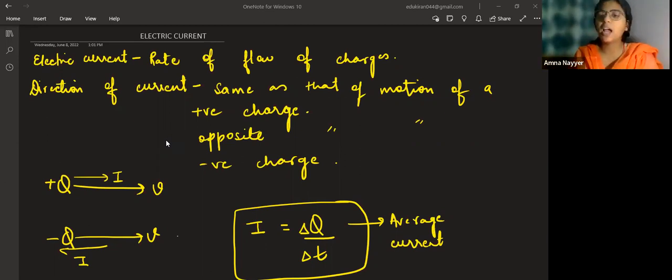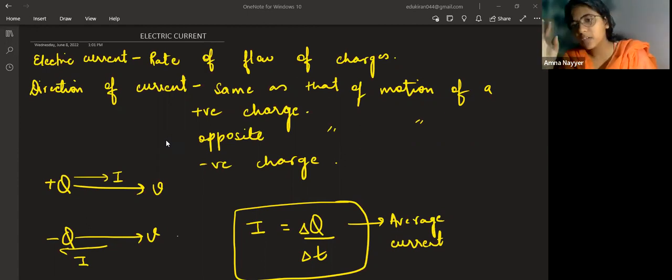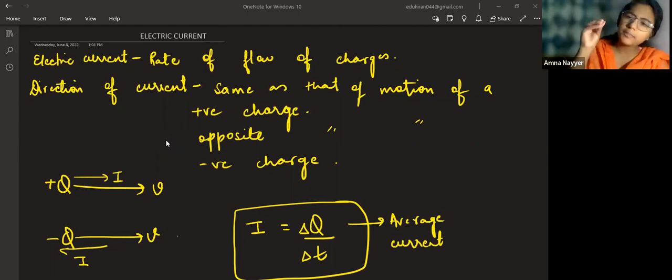Then if you have a particular duration, from this time to this time interval, for which you have to find the current, or a specific time is given, let's say 0.005 seconds, there is a difference between these two.